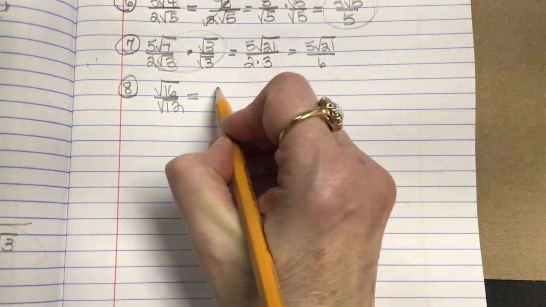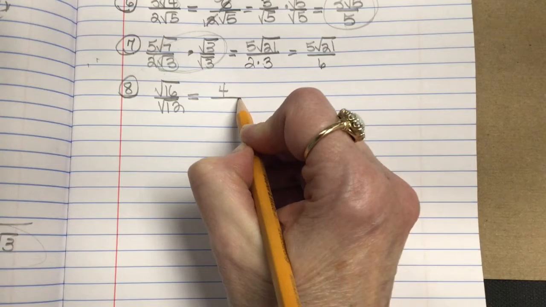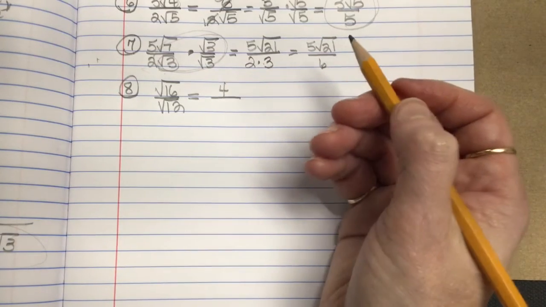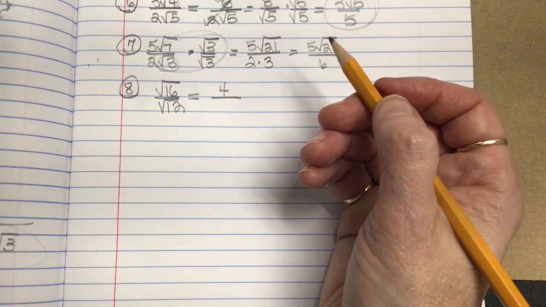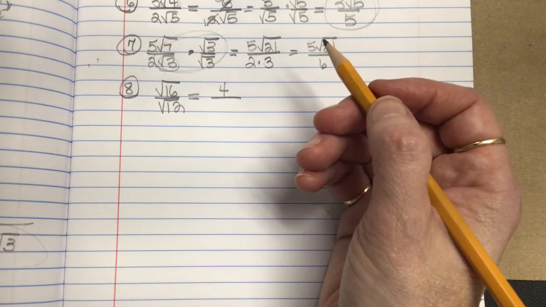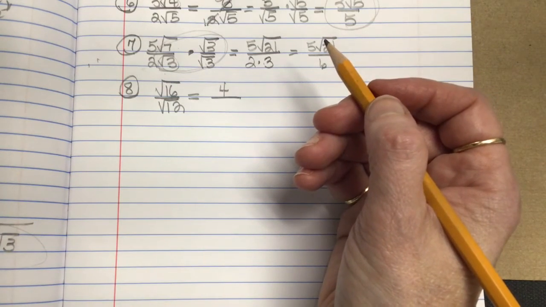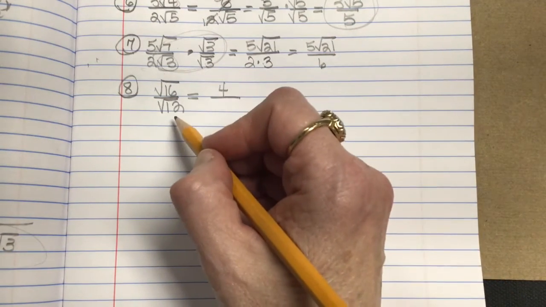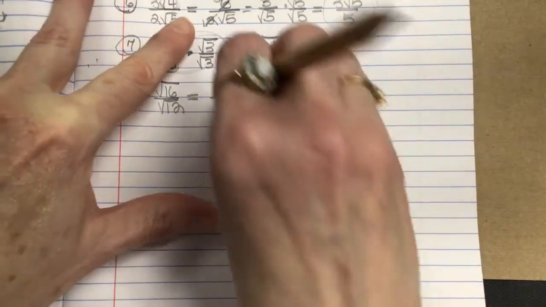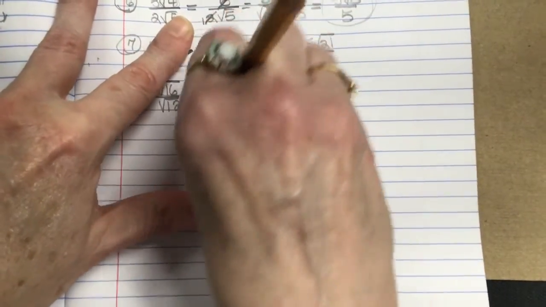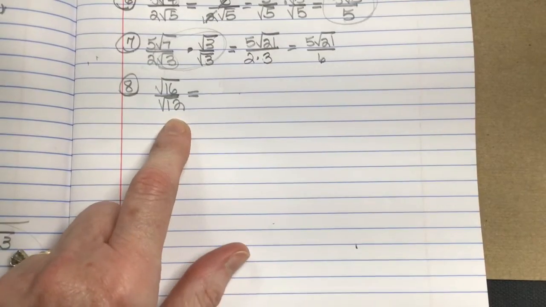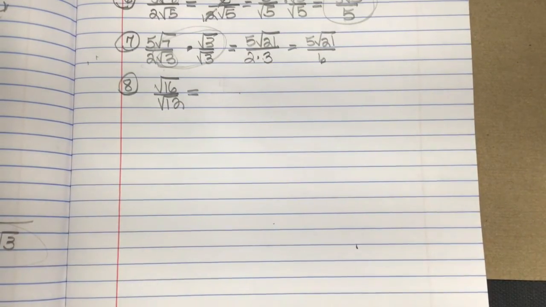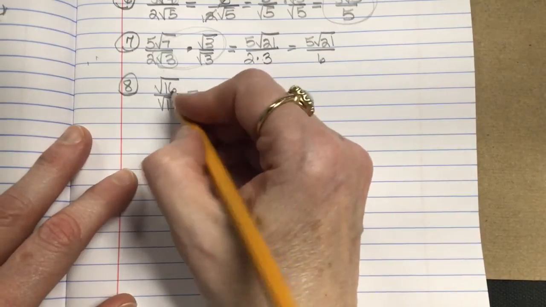I see the square root of 16 on top as a 4. Now, some of you wouldn't recognize this to do this to 12. Would you have canceled maybe? I'm thinking canceling might have been better because what's going to happen is I would have to break square root of 12 down, and I don't know that you would have thought to do it as 2 square root of 3. So I think I'll back up and do it.